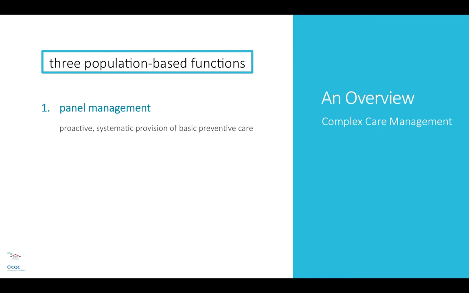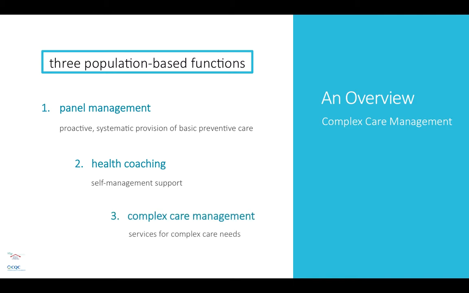For the subgroup of patients with chronic conditions such as diabetes, health coaching may support them in improving their self-management. Complex care management targets services for a smaller group of patients with complex healthcare needs for whom the usual system of care is not meeting their needs.